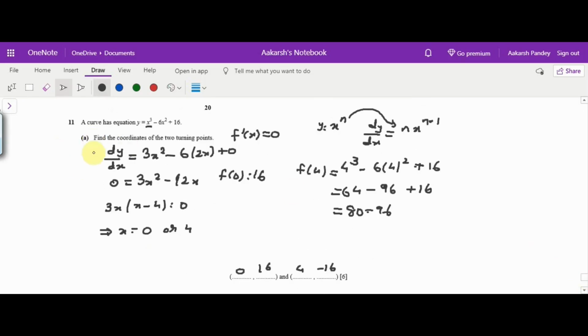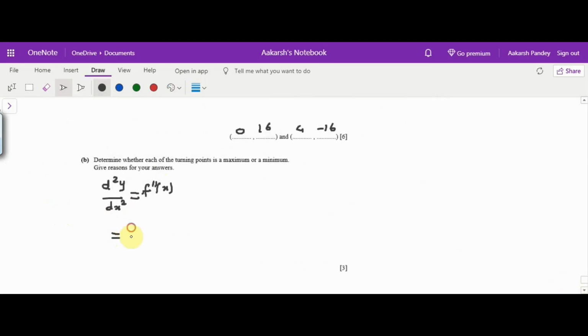So now what we'll find is f double dash of x. You have 3x square, differentiate that, you get 3 into 2x, minus, you have 12 already, and you have to differentiate x. The differential of x is 1, so you get 6x minus 12 as the second differential.